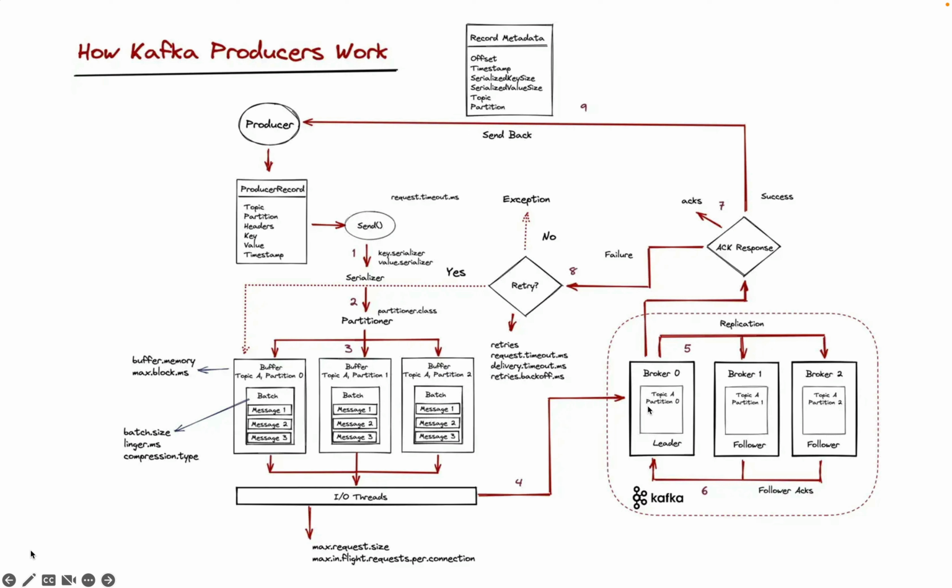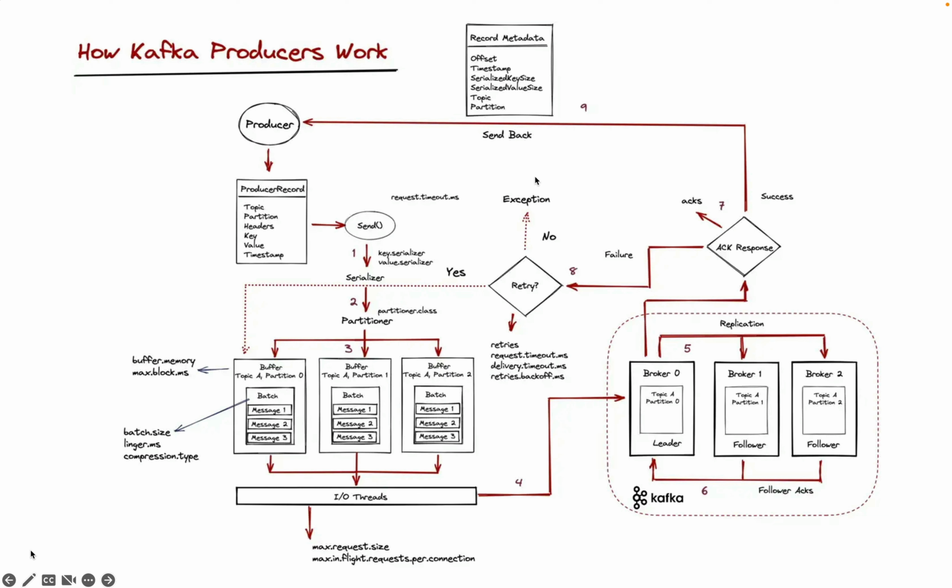And the broker, once receiving the messages, it will persist these messages locally, and it will send all the messages for replication if we specify the replication, which we did in our cluster, and the replicas will follow back with an ACK. After that, the entire thing will send back an ACK, and hopefully, in the case of a success, this will notify back to the producer, and this whole process is asynchronous and non-blocking in the sense that we will receive a future.